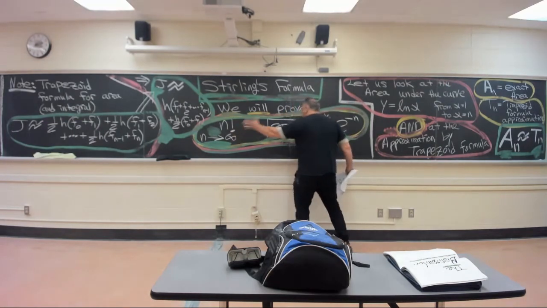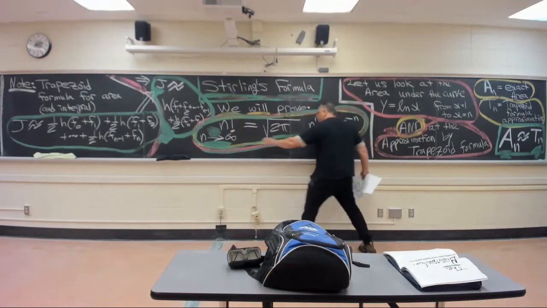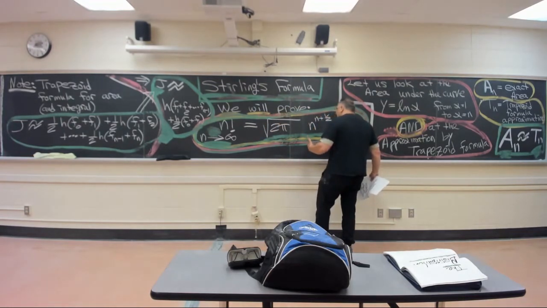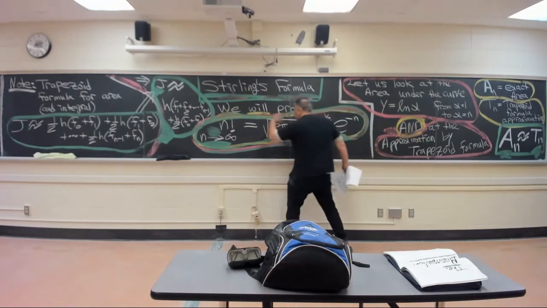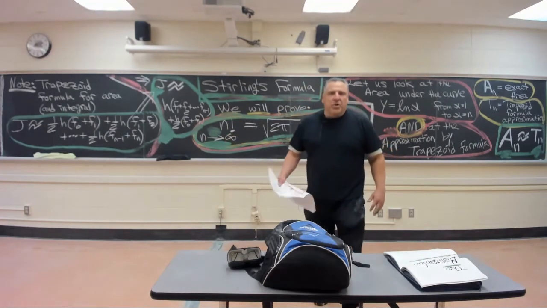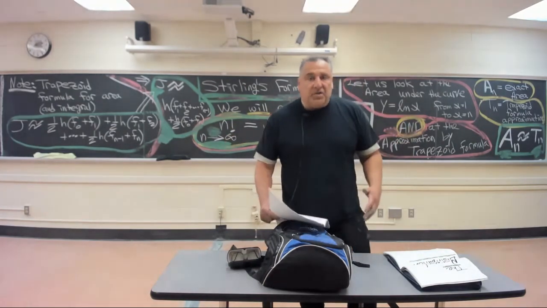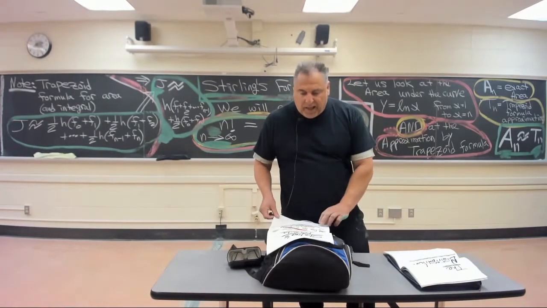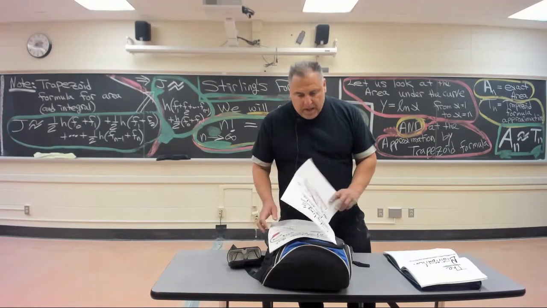Being able to view this relationship like this is very useful when you do some of the mathematics that you encounter. It's a very useful identity, a very useful formula.